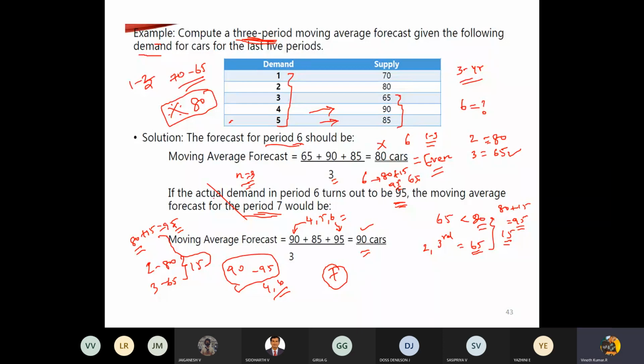We gave the first problem. In the first problem, what is the forecast value for January sales? Work it out on your own and tell me the value. Why?